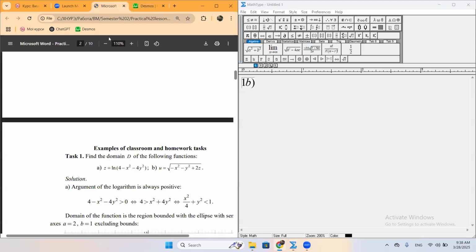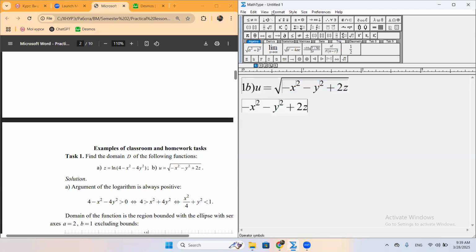So we have the following function that depends on 3 variables. So u equals square root of minus x square minus y square plus 2z. What can we say about this expression? So we know that the expression under square root is non-negative.